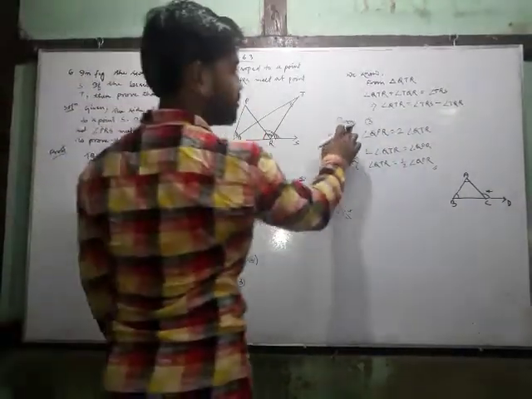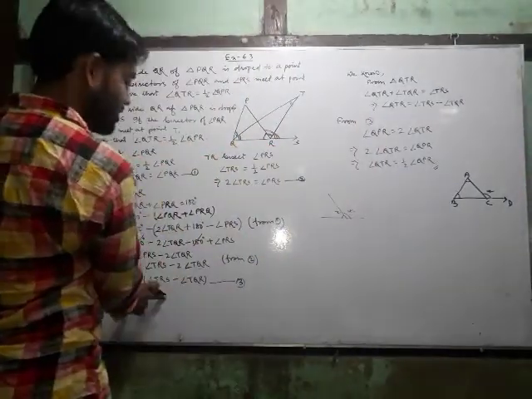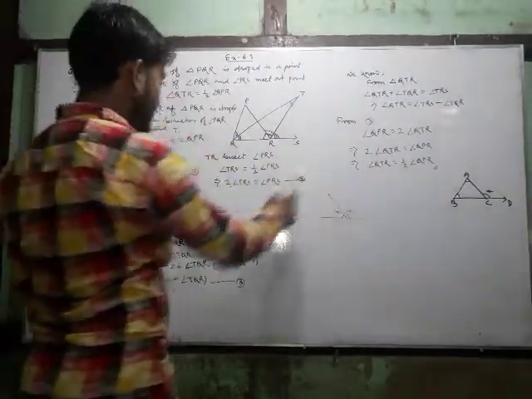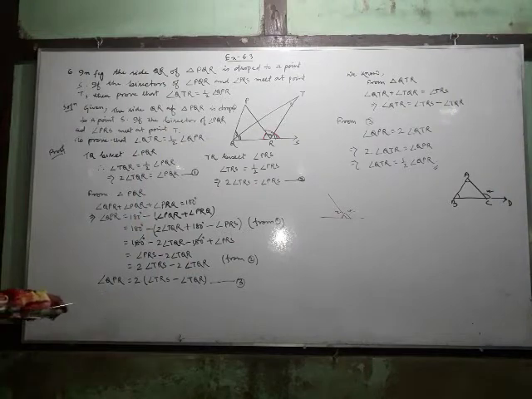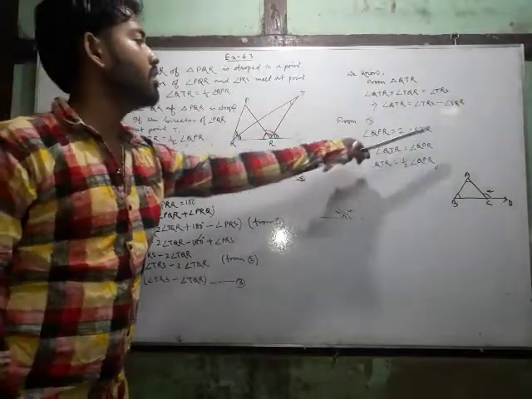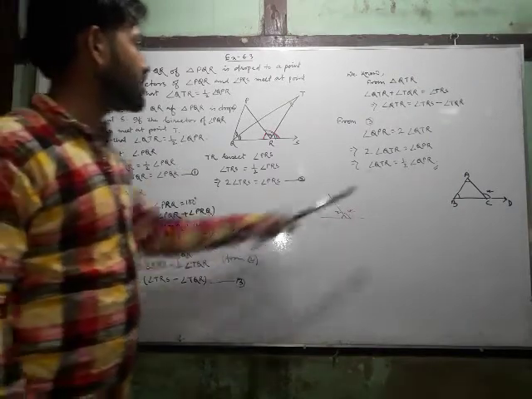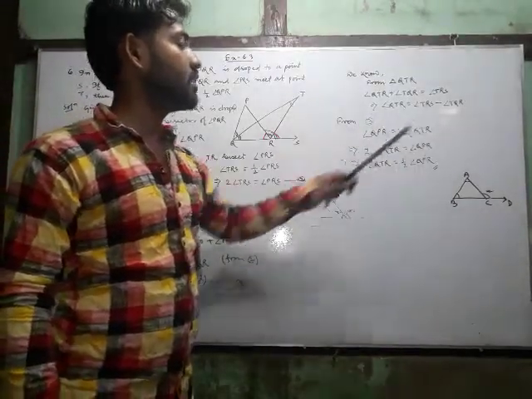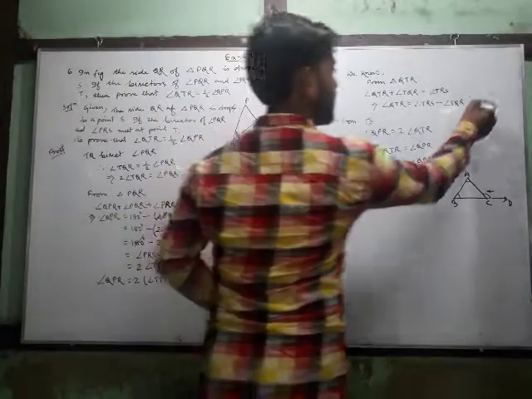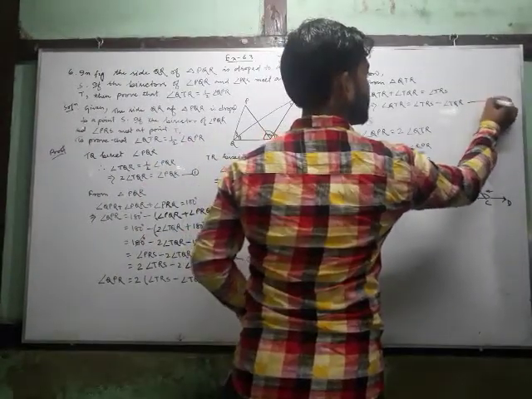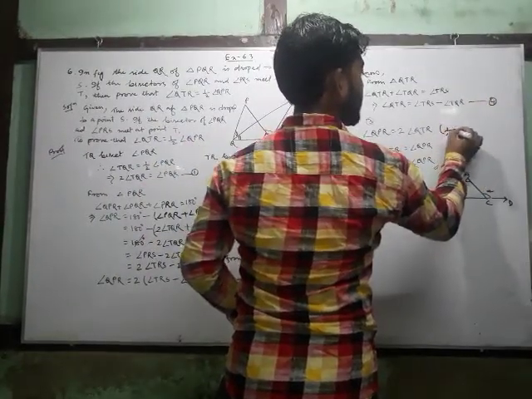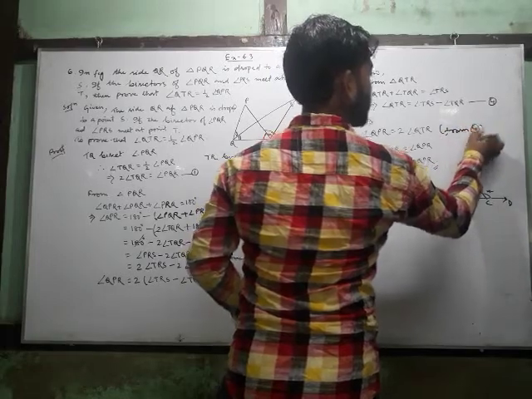So from equation 3, the last equation, we can directly write QPR equals 2 into this expression, which is QTR. So this is the QTR, right? You can give here equation 4.